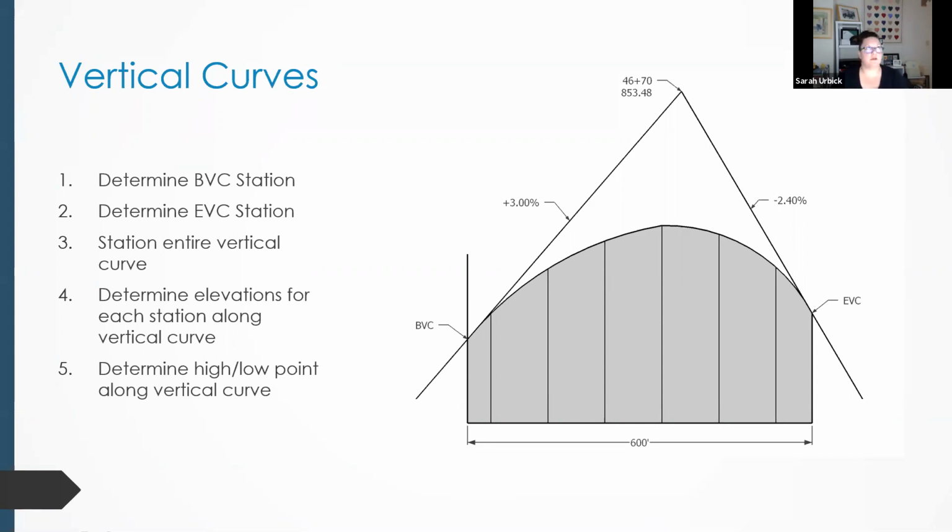So with the horizontal curves, we wanted to find M and E and T and, oh, I think I said E twice, and C, all the rhyming letters. Here, we want to find what's our starting point, what's our stopping point. We want to station out our entire curve so we can see where we are every 100 feet, break it into manageable chunks, right?